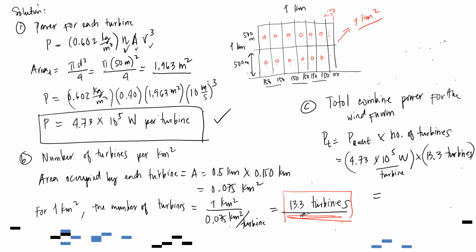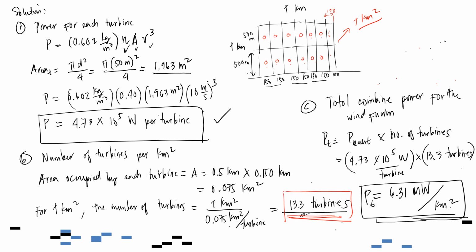So the answer for this is 6.31 megawatts. And this is per square kilometer. So the total power is 6.31 megawatts per square kilometer. All right, so this is an example showing you how to calculate the overall power in a wind farm.